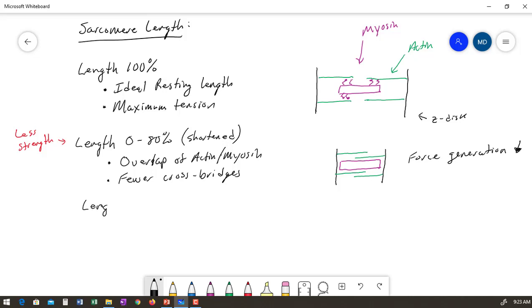And of course, this leads us to our last part here: when the length of the sarcomere is greater than 120%. When the sarcomere gets too long, we get almost no overlap of actin, and therefore almost no cross bridging.